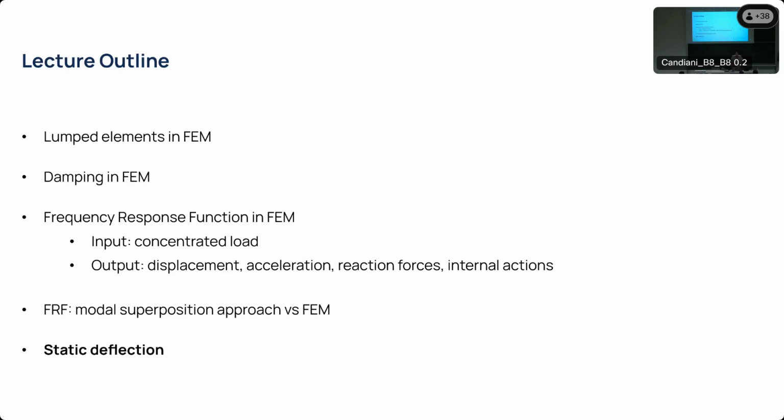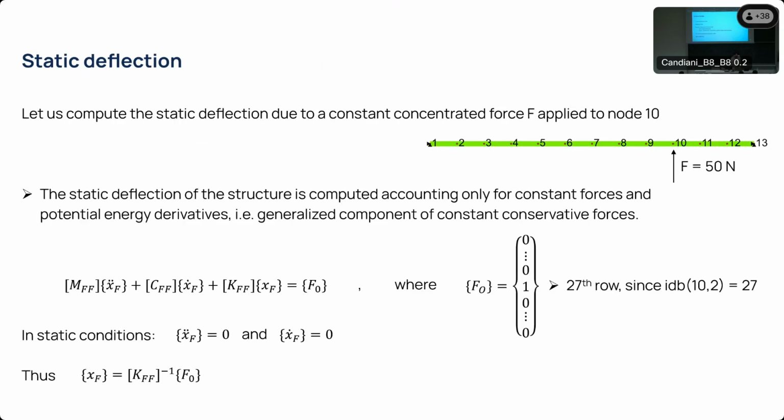Last part, and I swear that's the last thing we're going to do today, because we have 10 minutes, is the static deflection. Right now, we discarded any contribution of gravity or external forces, because we just said the structure is living in its perfect world, with no external forces due to gravity or any force field.